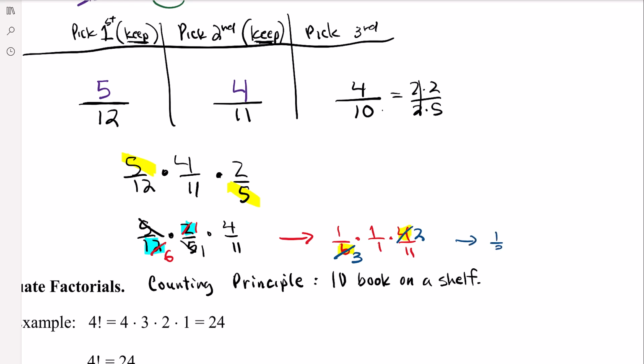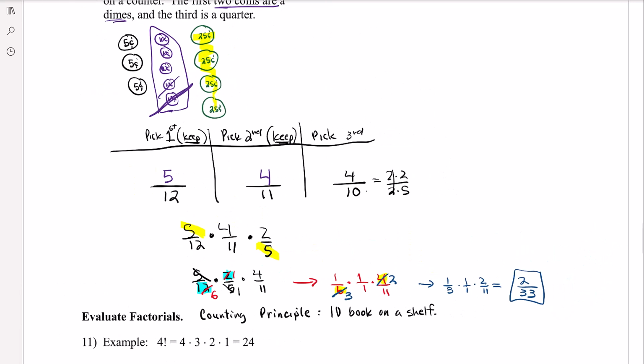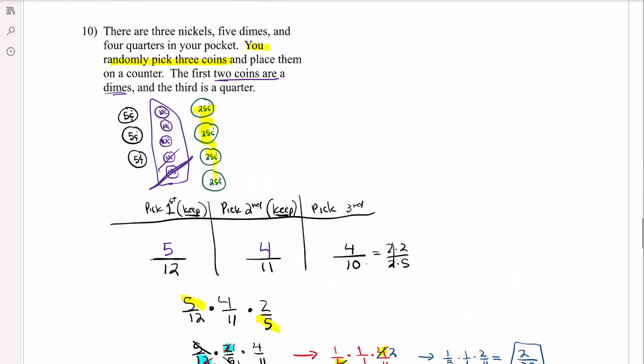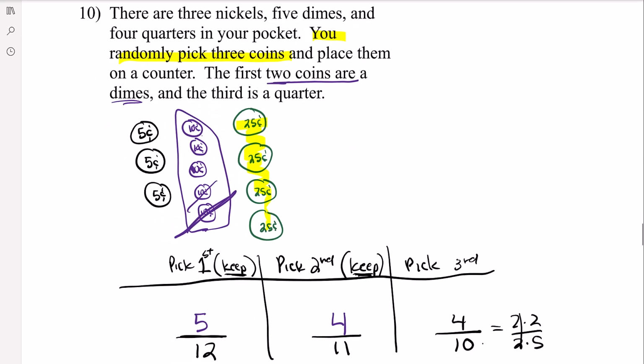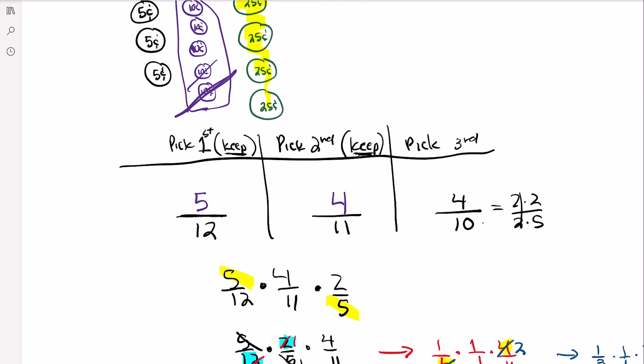So when you multiply straight across, there's a 2 in 33, 2/33 of a chance that if you're picking randomly, the first 2 times you pick a dime and the third time you pick a quarter.